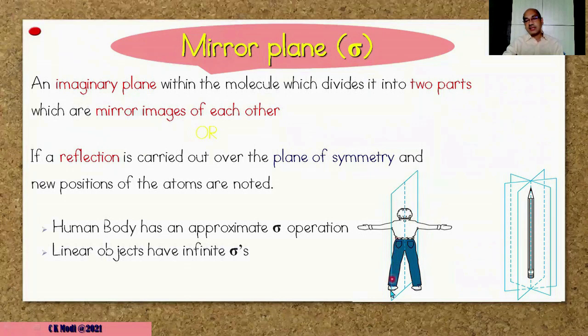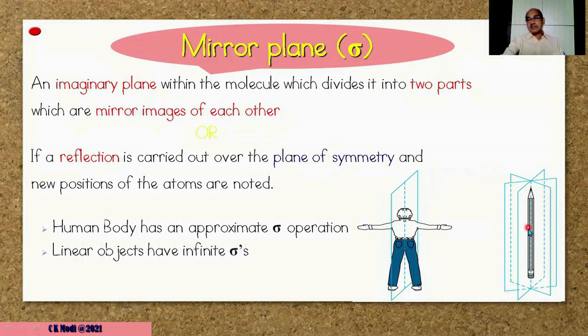So if we pass an imaginary plane through the center of that molecule or object, it divides it into 2 parts. Look at this. In the human body, if we pass a mirror plane through the center of that human body, it divides into 2 parts, this part and this part, both of which are mirror images of each other. Therefore, it has a mirror plane.